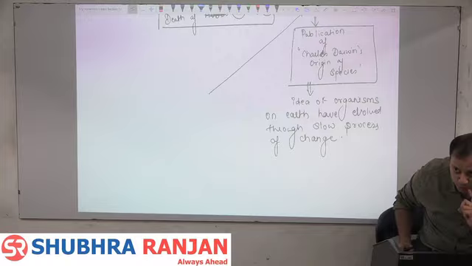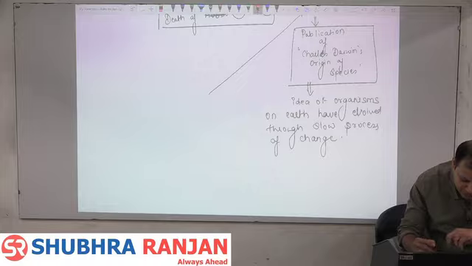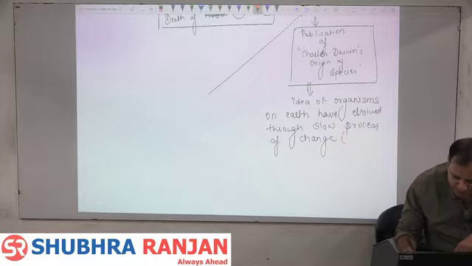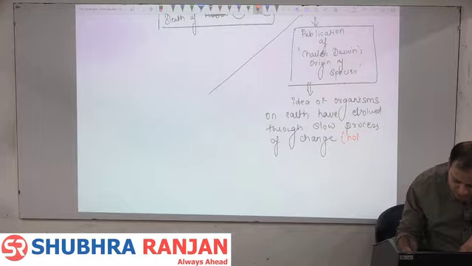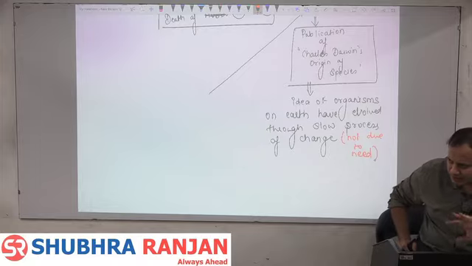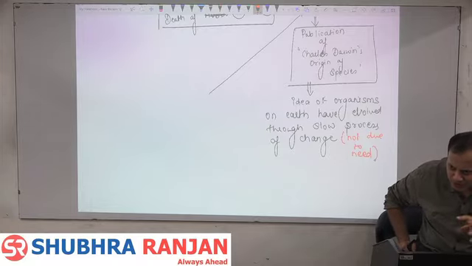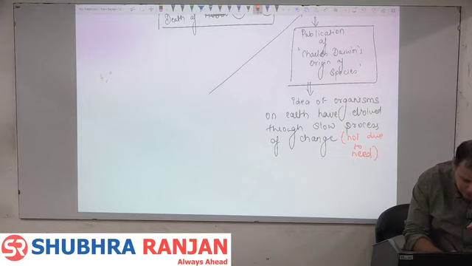And this slow process of change, remember, has not been from use. I am not asking you to write in this much detail, that is why I am giving it. The slow process of change is not due to need. Not necessarily always due to need, it is just due to chance. Slow process of change due to need was given by Lamarck, Wallace and Lamarck.